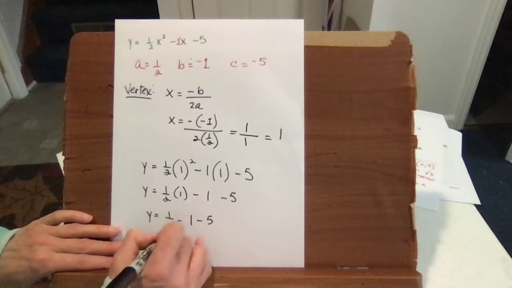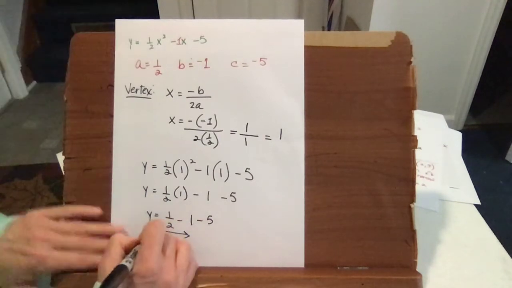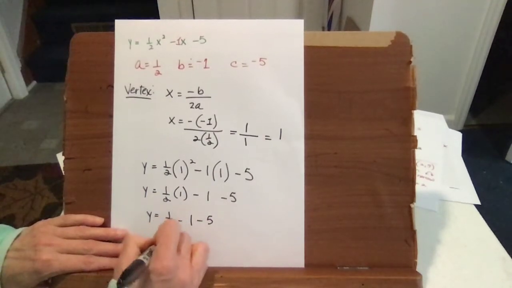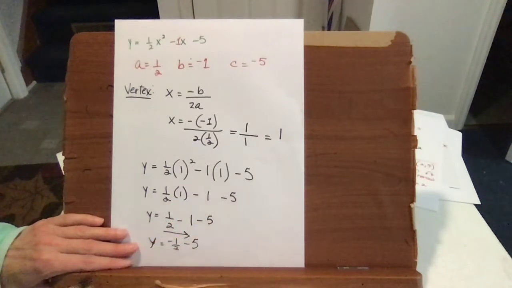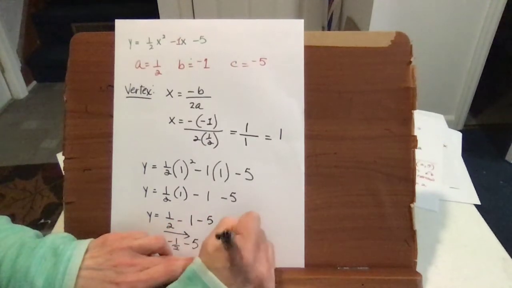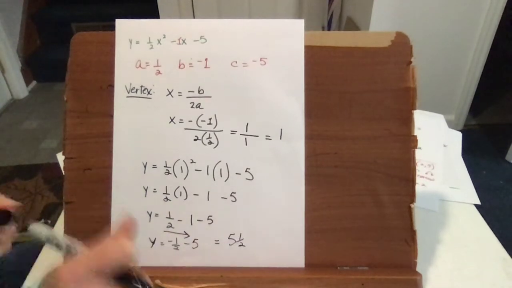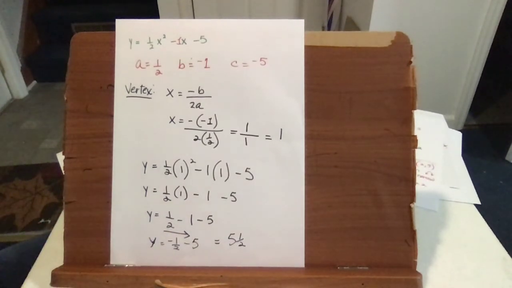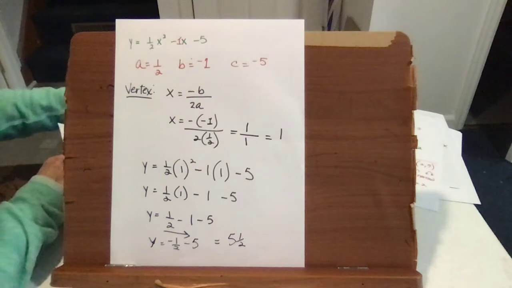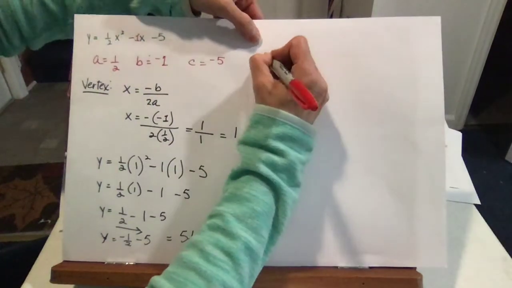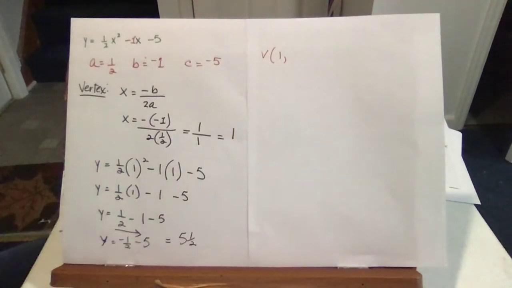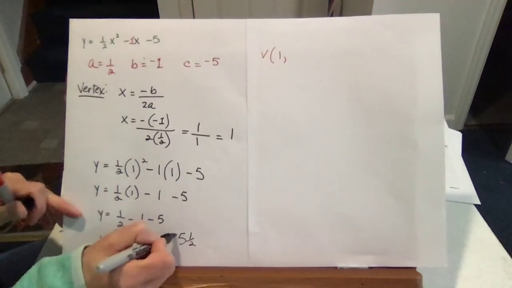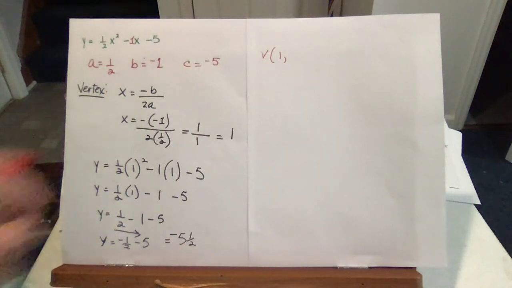Half of minus 1, you have to go in order. Y equals negative 1/2, and we're subtracting 5 more. So y is going to give us negative 5.5. So our vertex is going to be 1, comma, negative 5.5. We need our negative sign on there. Negative 5.5.